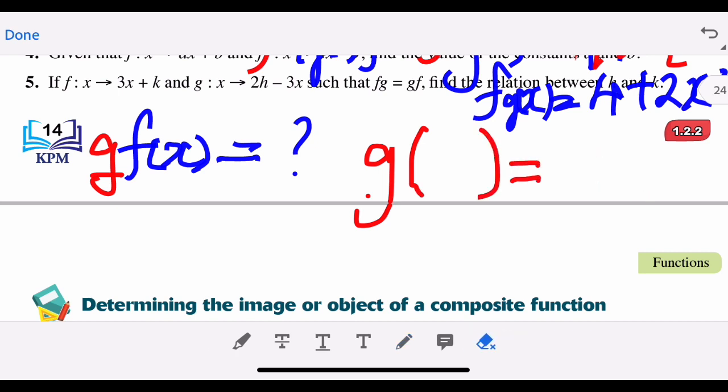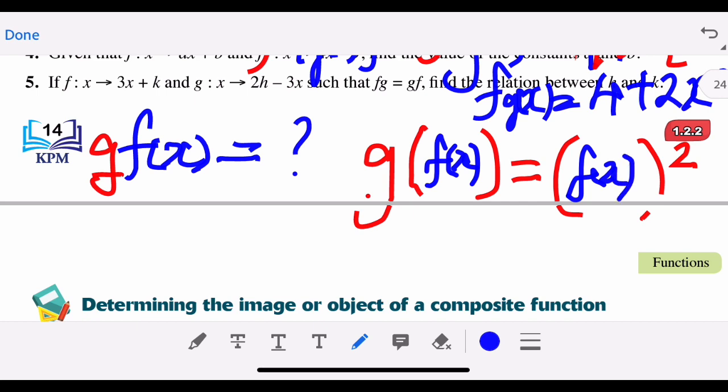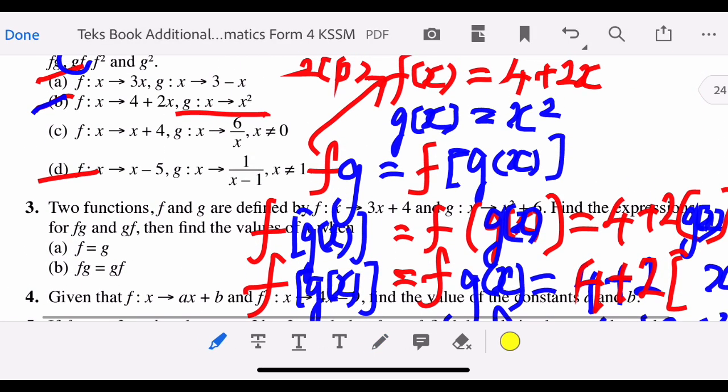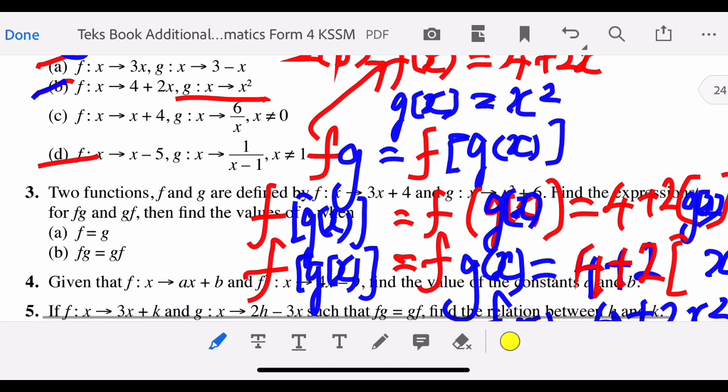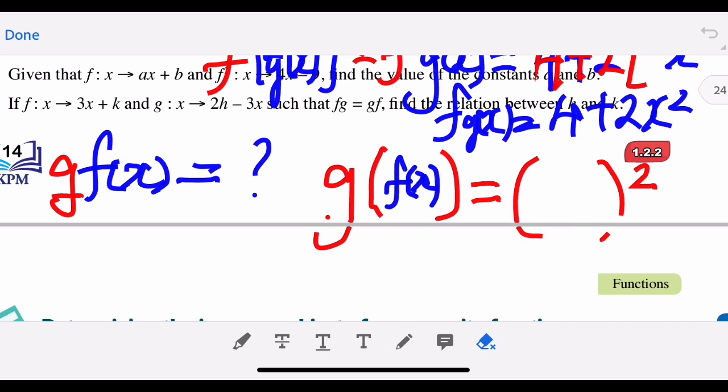I'm going to substitute with fx as the object, right? So you put the fx inside. Normally we will substitute the fx, 4 plus 2x, inside here.